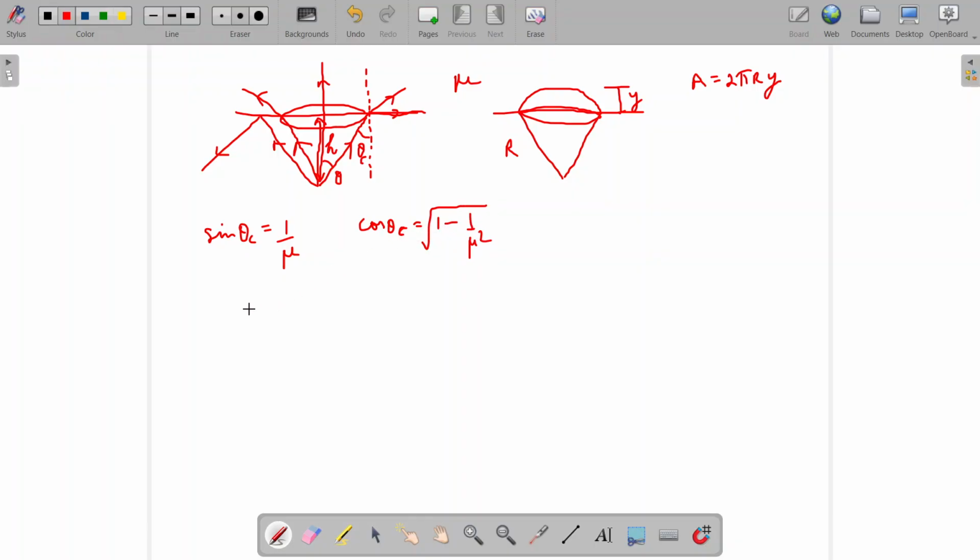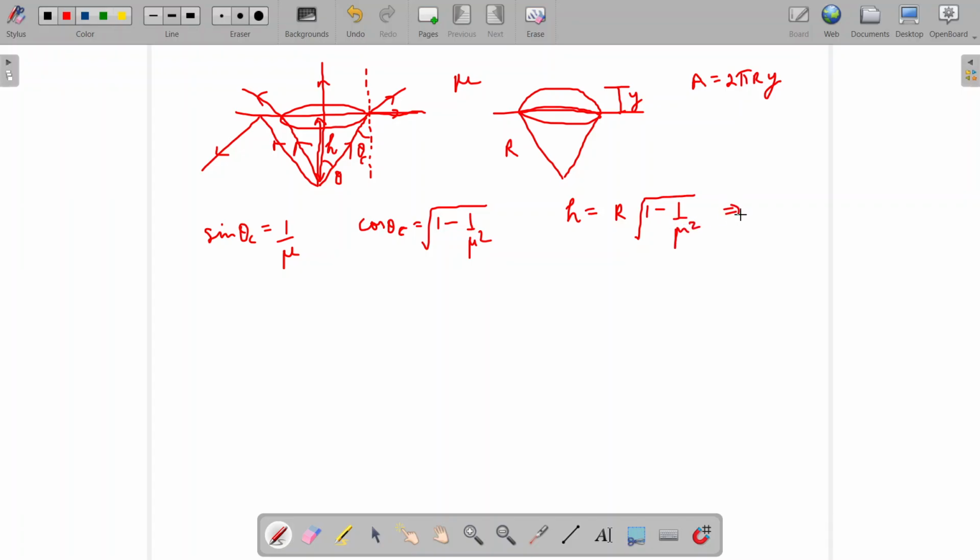So if we take r, what is the value of the height h? That would be r cos theta. So it would be r under root 1 minus 1 upon mu square.